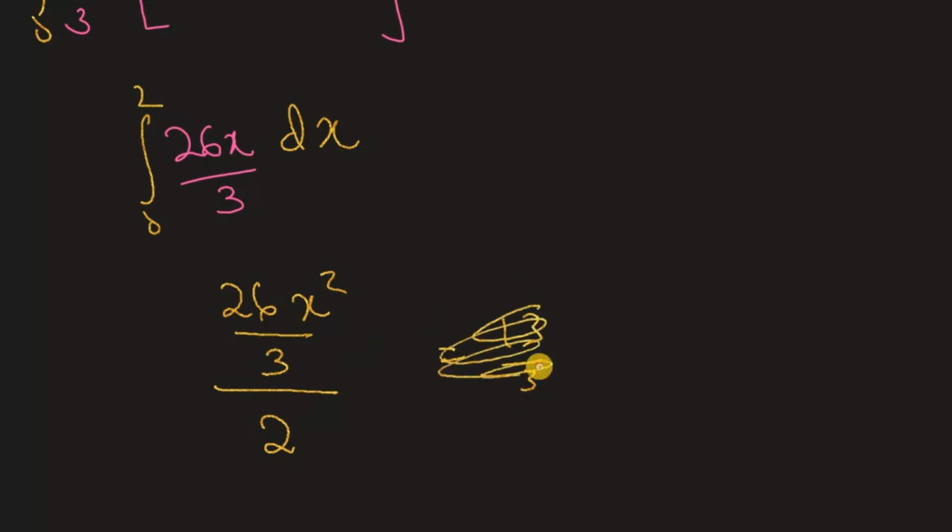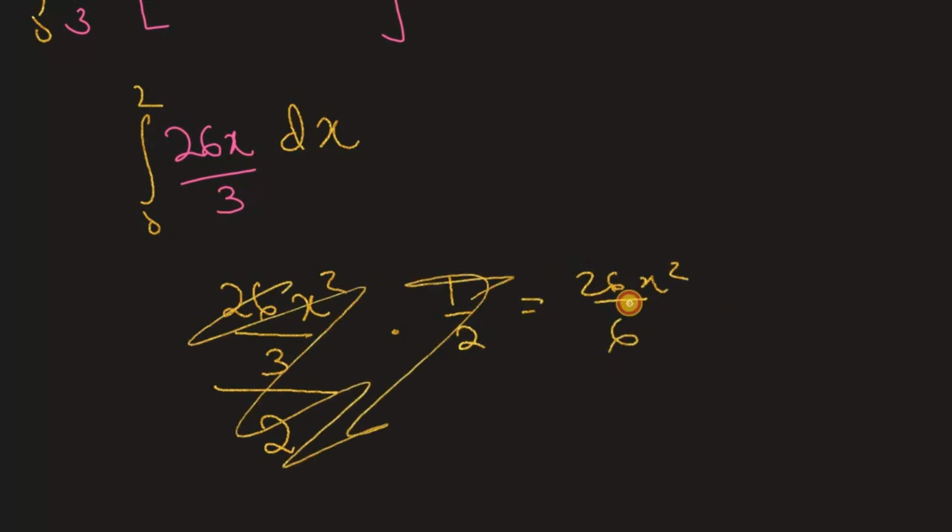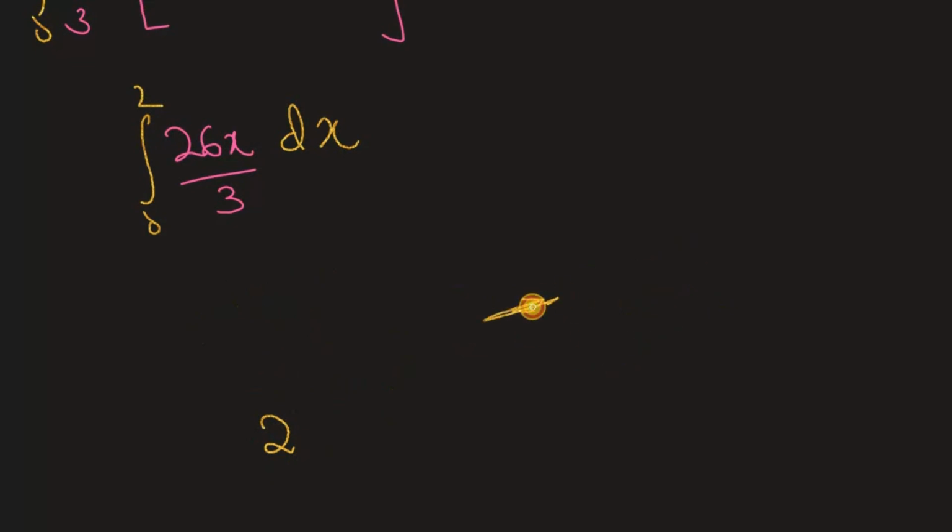But if you want to solve it manually, dividing by 2, because there's nothing at the bottom, it's like 2 over 1. Dividing by a fraction is the same as multiplying by its inverse, so you can multiply it by 1 over 2. So that's 26x squared over 6. I hope this makes sense. This was just an aside from high school, if you were having difficulties with this.